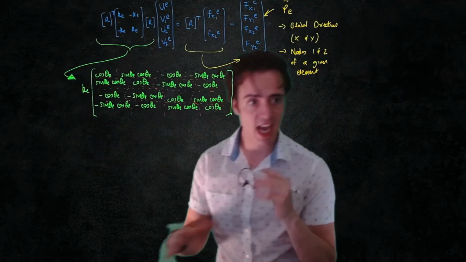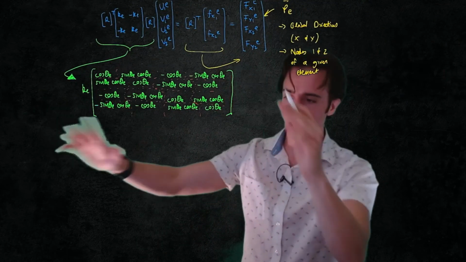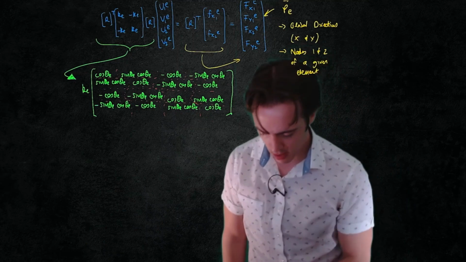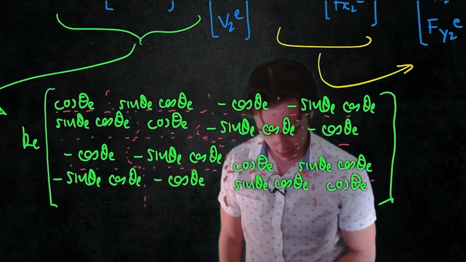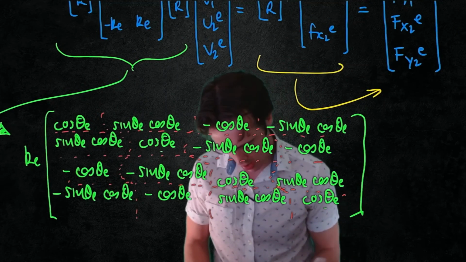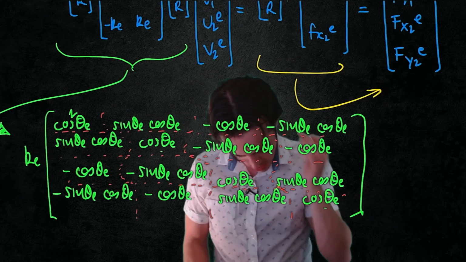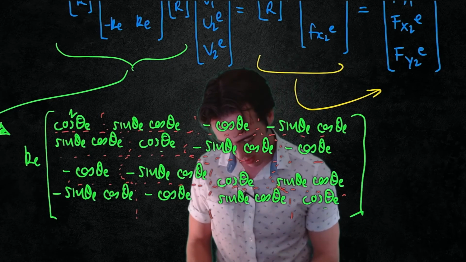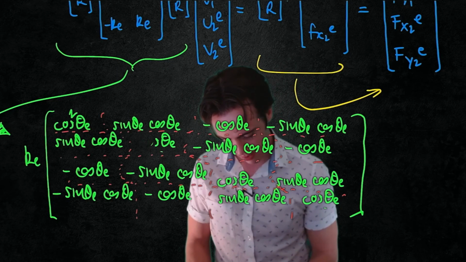Now, I want you all to be happy with how this matrix is produced. Have a look in the accompanying notes and just check that you get the same results. You are not going to get the same result because I've actually done this wrong. Let me have a look. These should be squared. There's too many cosines in here. This should be a sine. It should be a sine squared. Let's go through.